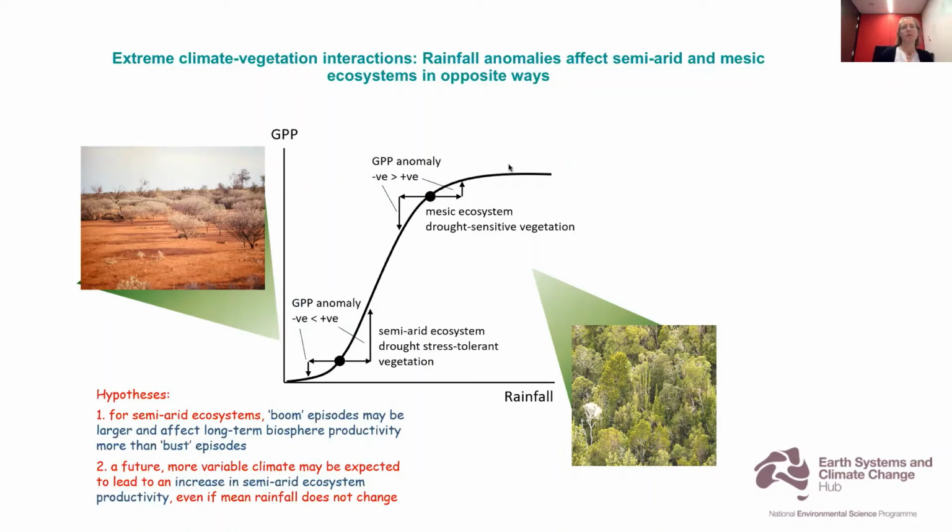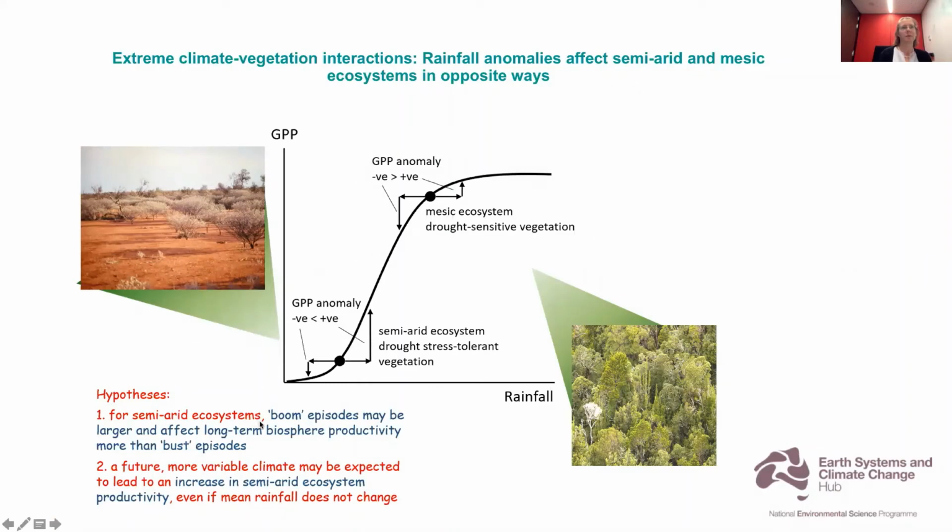So what you see here is what we've coined the S-curve, which is a schematic representation of gross primary production or photosynthesis as a function of rainfall. And we expect that rainfall anomalies will affect semi-arid or dry ecosystems in opposite ways to mesic or wet ecosystems.